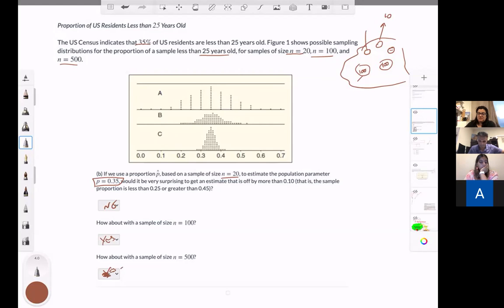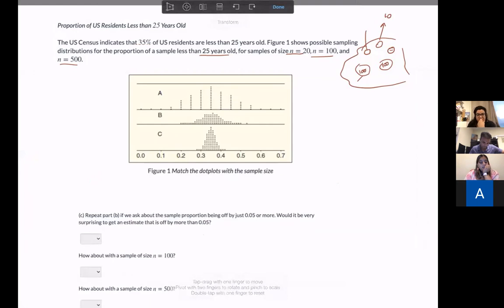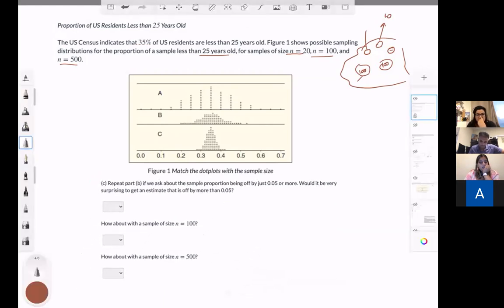I know you like to calculate to find it, but no, we are just comparing A, B, C. Let's have another one. Now the error is 0.05.